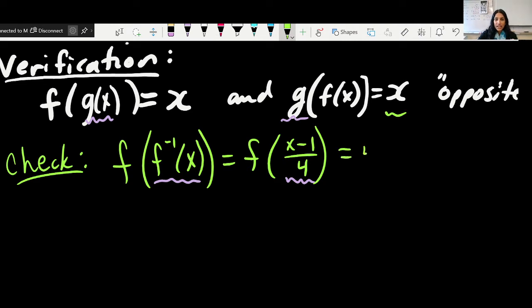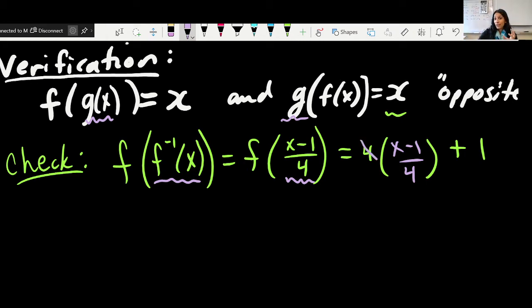So what that means is 4, and instead of x, plus 1. Instead of x, I'm plugging in that x minus 1 over 4. Do you see why we learned about composite functions and how it ties in with this?